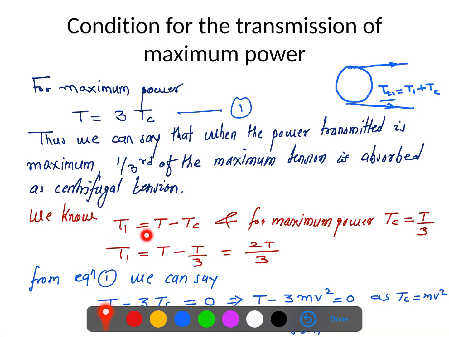As we know, T1 is equal to T minus Tc, that is the tension T1 is equal to total tension or maximum tension minus centrifugal tension.